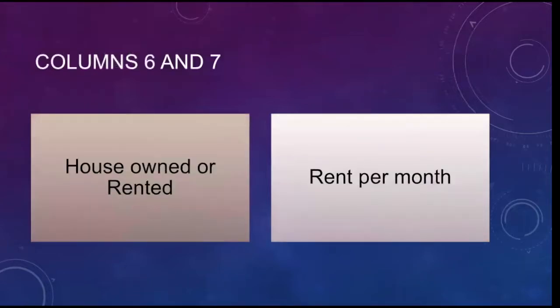So the home was classified as being owned if it was owned wholly or in part by the head of the family or by the wife of the head, or by a son or a daughter or other relative living in the same home with the head of the family.